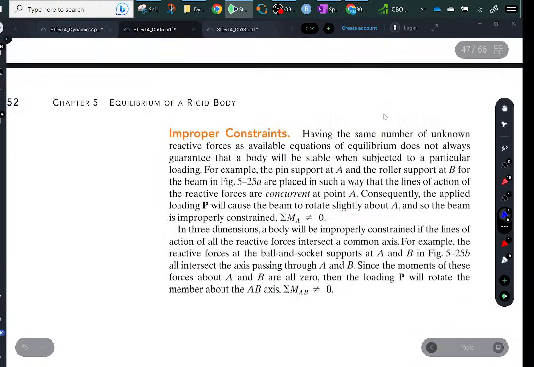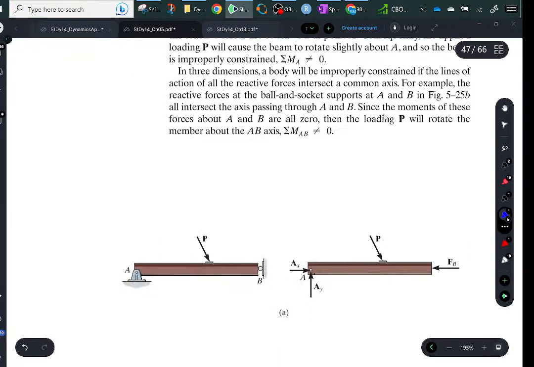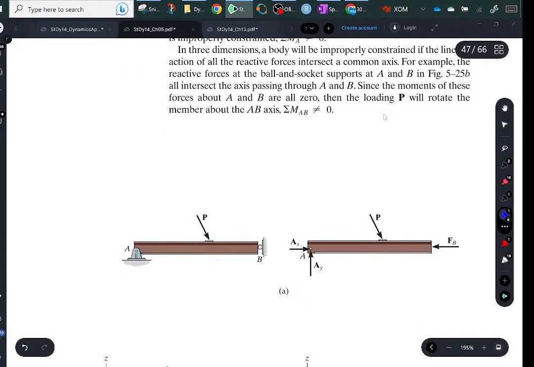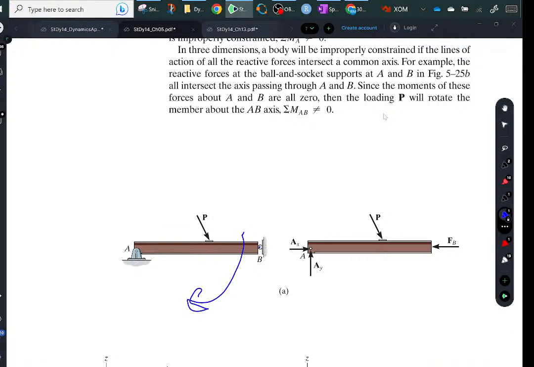So there is the possibility of putting in improper constraints. Here's an improper constraint. Take a look at that. What do you think could happen there? Physically, a little ball bearing here. You push on it, and the thing is just going to flop. So it's improper in the engineering sense.